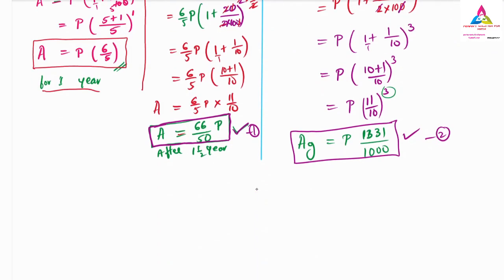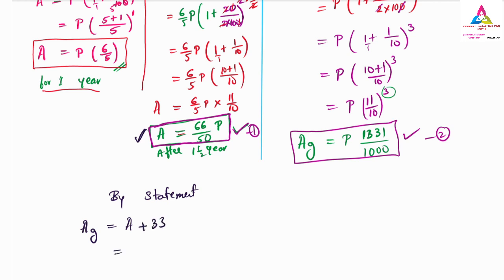So according to the question, I can write AG, the amount by Geeta, equals Ashok, we can take A only because here we have already taken Ashok, plus 33 more.